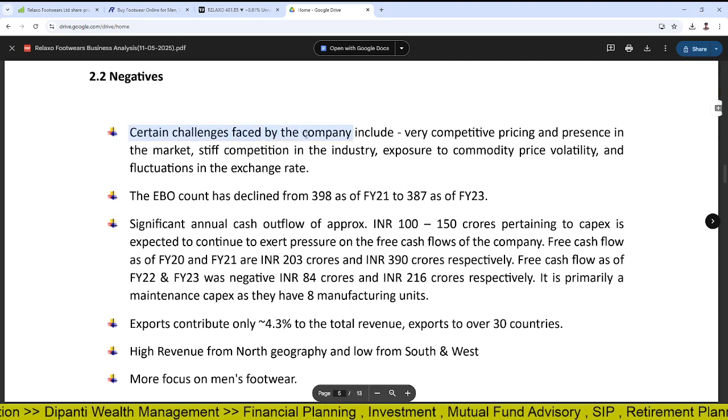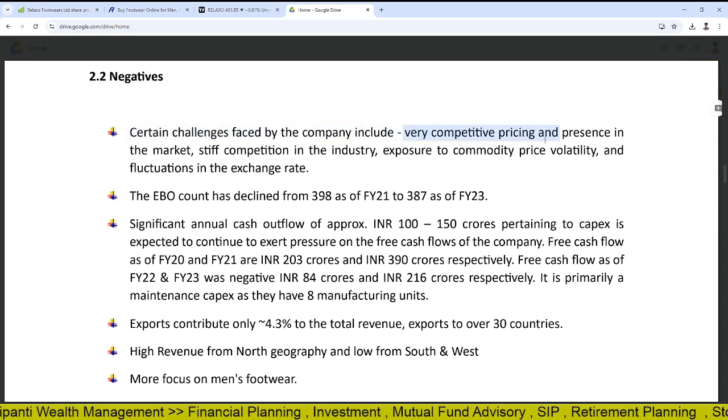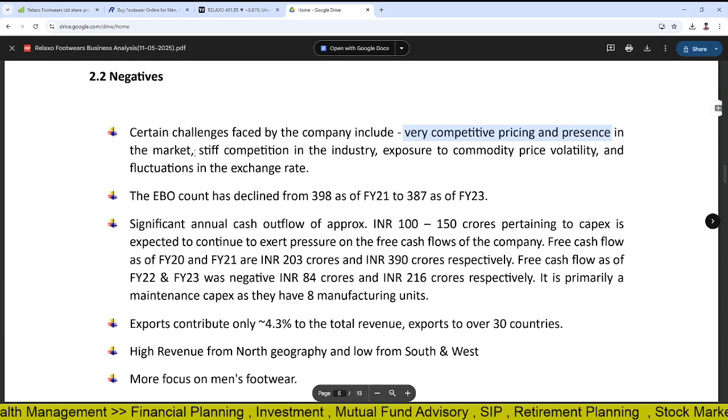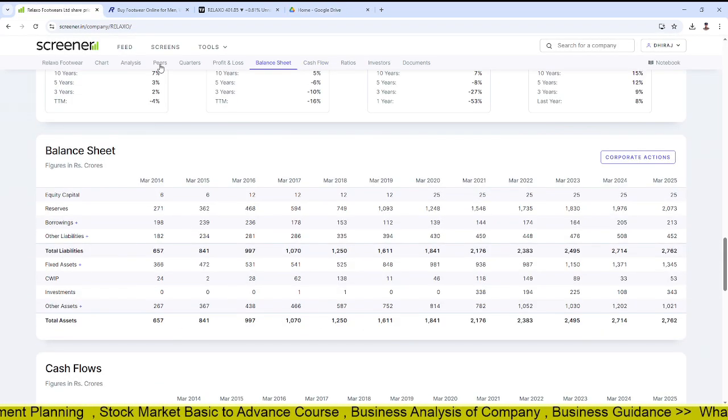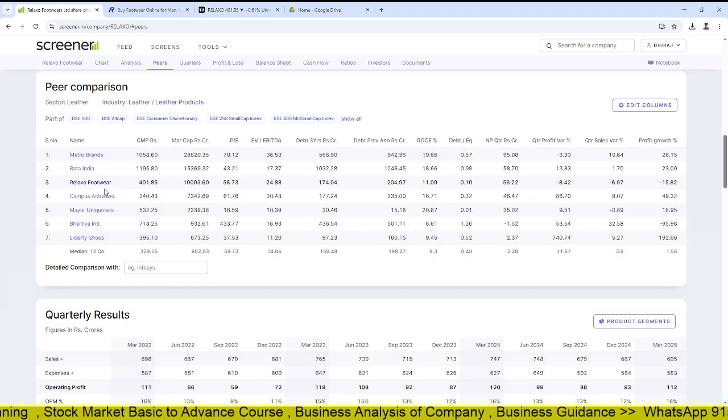Certain challenges faced by the company include very competitive pricing and presence in the market, steep competition in the industry, exposure to commodity price volatility, and fluctuation in the exchange rate. So we can see there are very many competitors like Reebok, Adidas, Nike, lots of competitors in India also, Bata India, then Mirza International, you can see here the peer group, Metro Brands, Campus Activewear, Mayur.